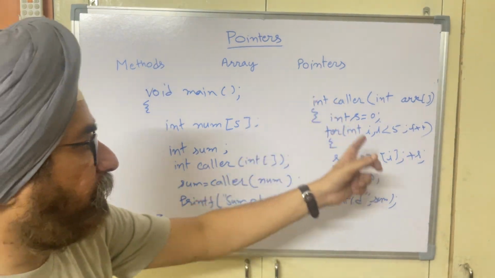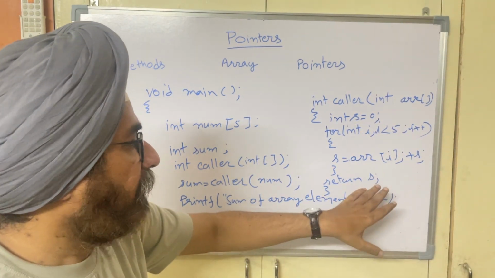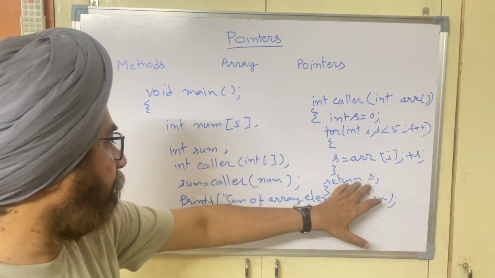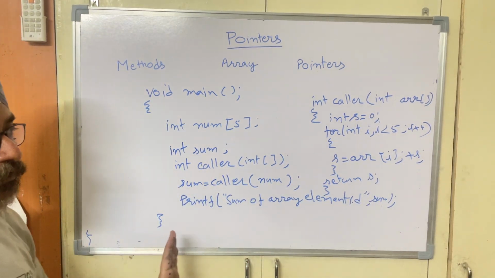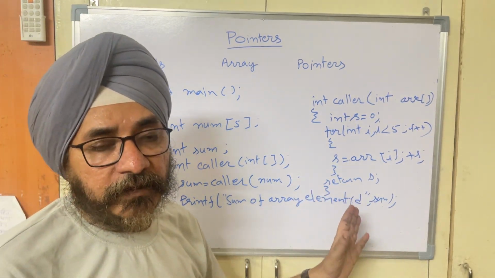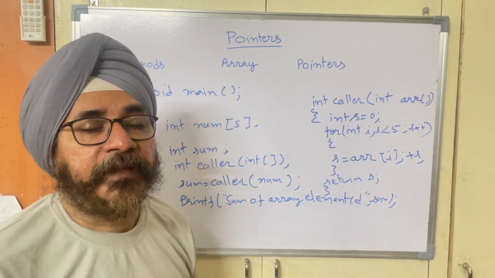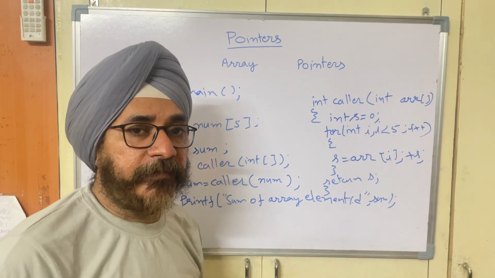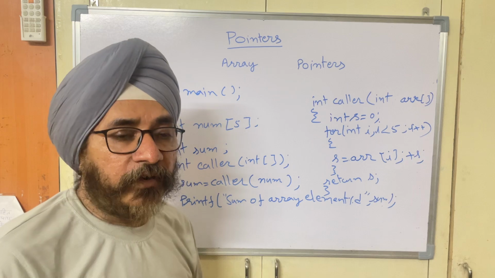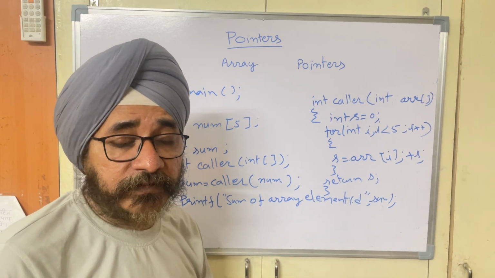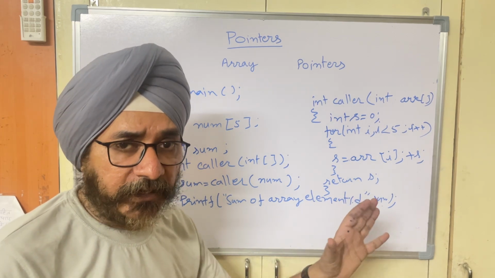The loop statement works and returns the s value. The s value comes here, and in such a way we can print the values of the array. So this is about the array elements. Next is call by value and call by reference, which is important for arrays. Thank you, friends.